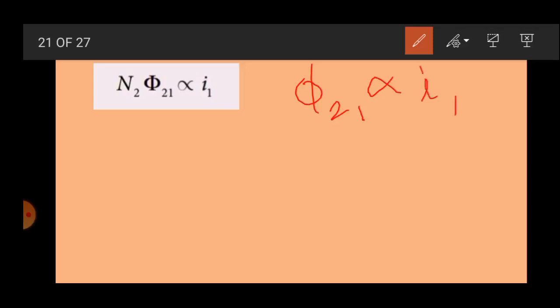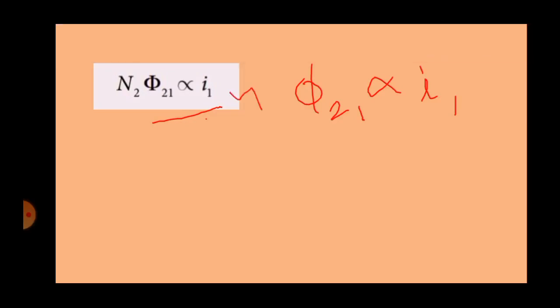Okay. Now, for N turns, the total flux linked with coil 2 is directly proportional to the current in coil C1. So N2 is the number of turns of coil 2, and N2 phi 21 is directly proportional to I1. Now the proportionality is removed.